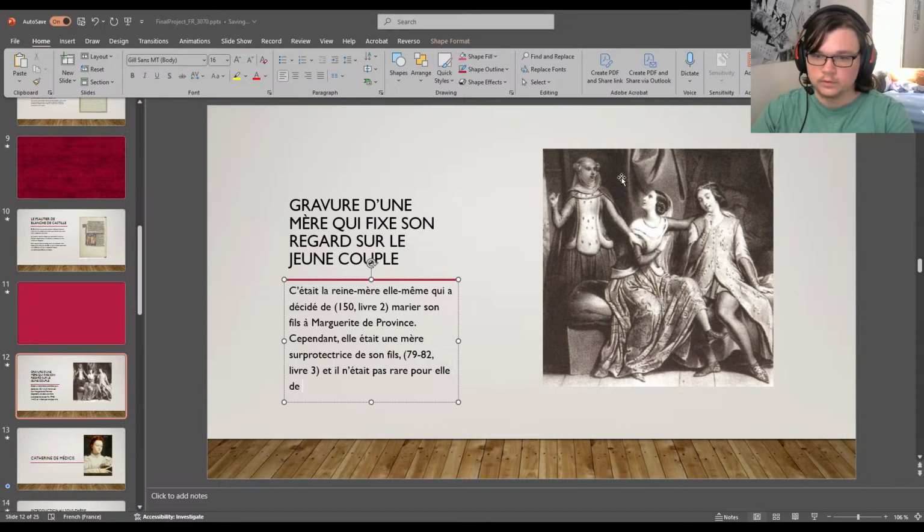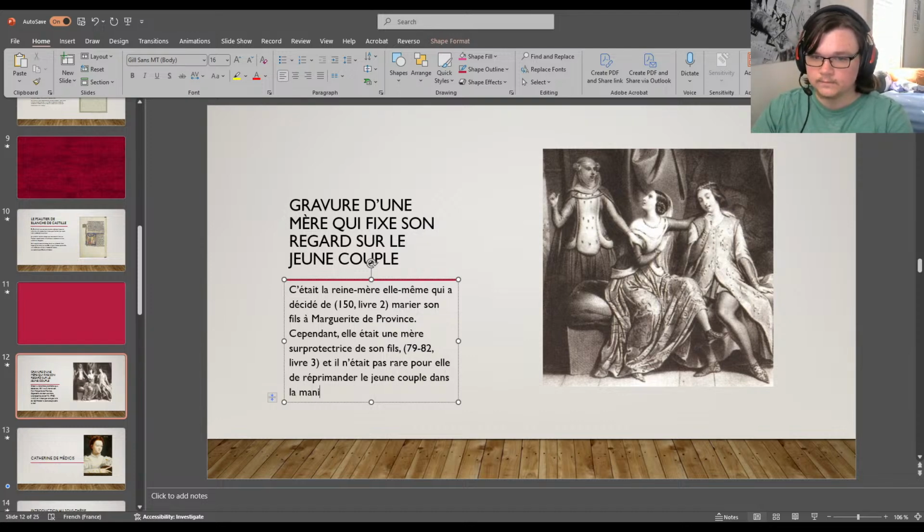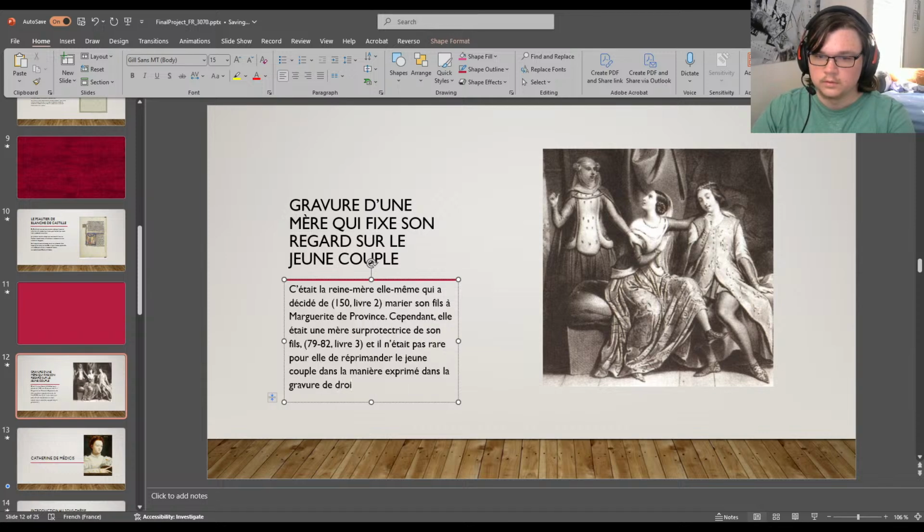Pour elle de réprimander le jeune couple dans la manière exprimée dans la gravure, to the right. Okay.